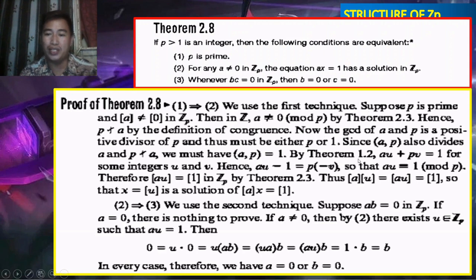Okay, by Theorem 1.2, since the GCD is 1, there exist integers U and V such that AU plus PV is equal to 1.